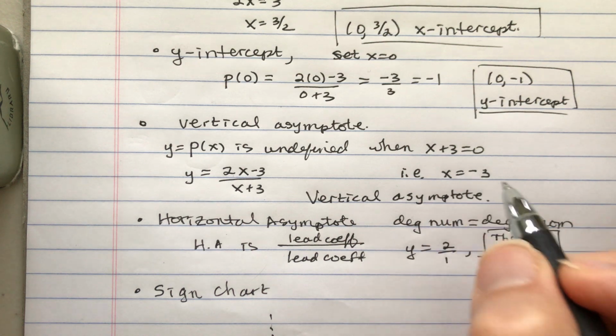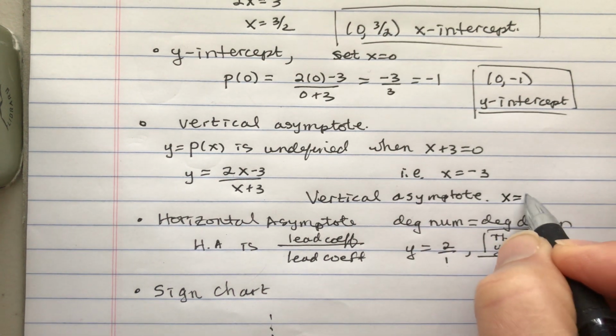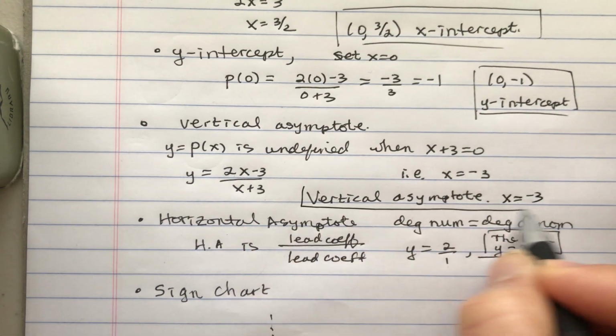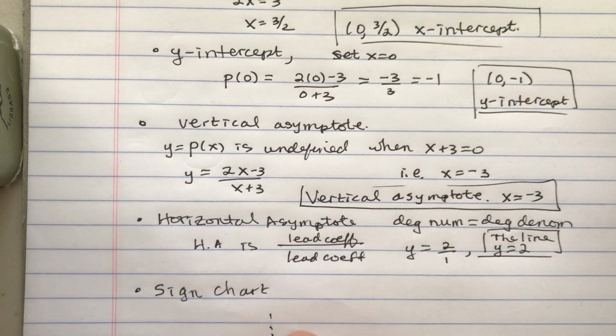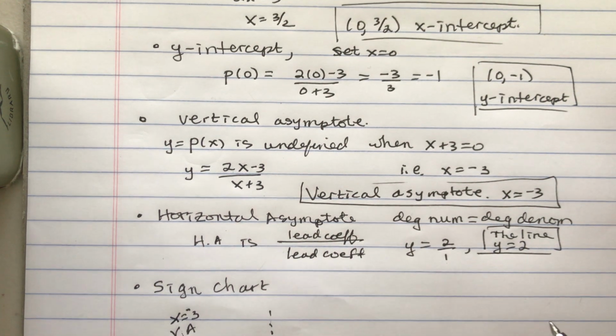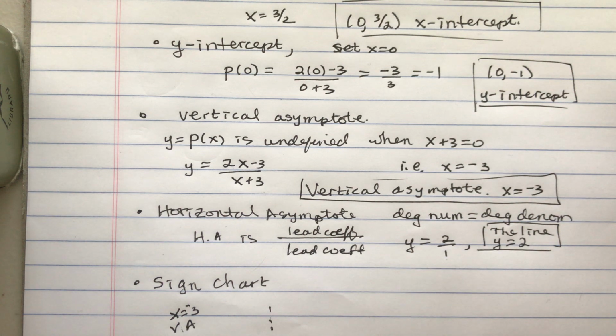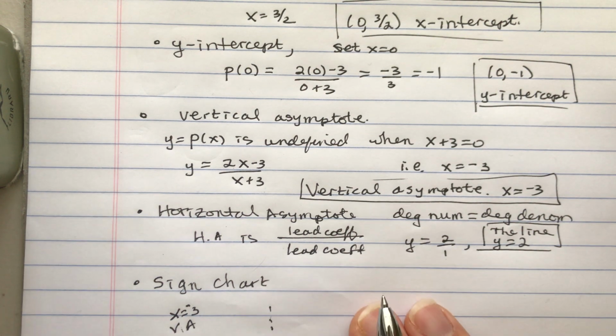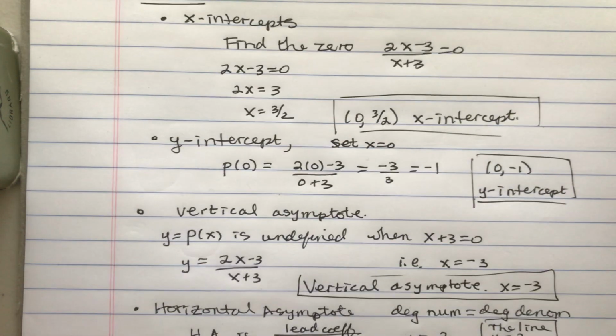Okay, so the vertical asymptote is x equals negative 3. So I did that wrong over here. I'm going to put x equals negative 3 as a vertical asymptote. And then I have a 0 at, okay, sorry, this is a mistake.